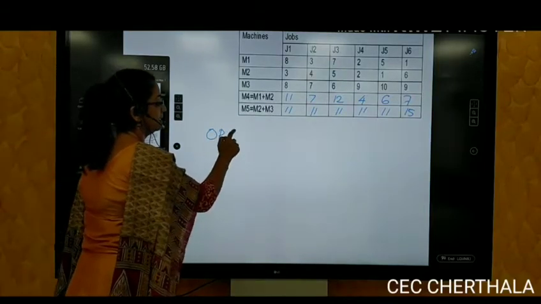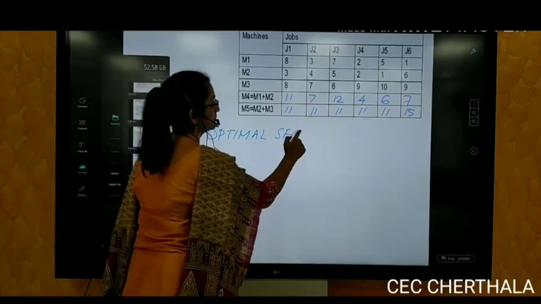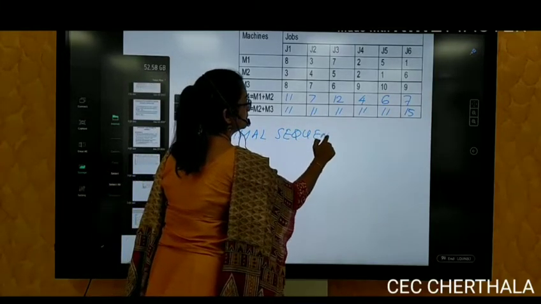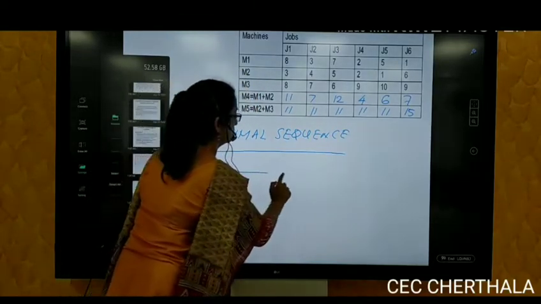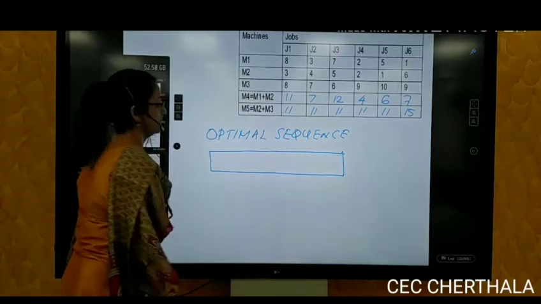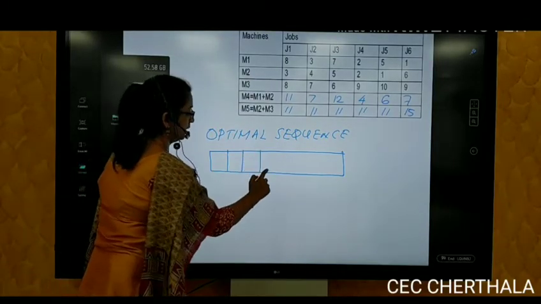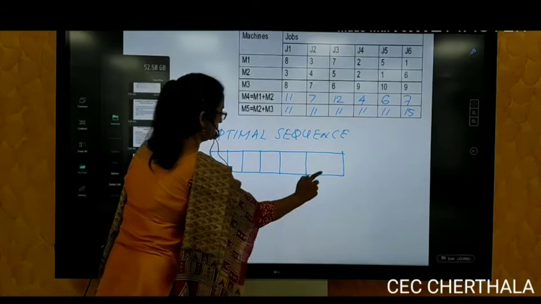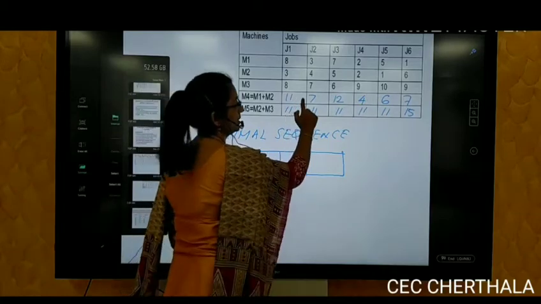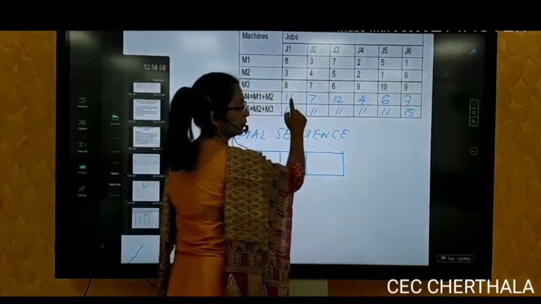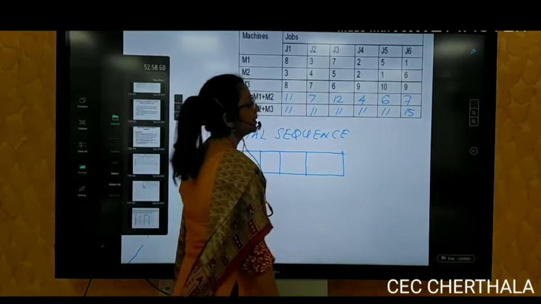So the optimal sequence is: since there are 6 jobs, draw 6 cells 1, 2, 3, 4, 5, 6. Now search for the smallest number in the last 2 rows. Here 4 is the smallest number.